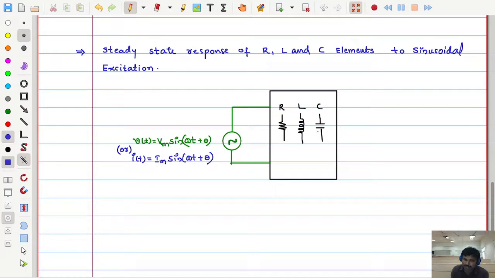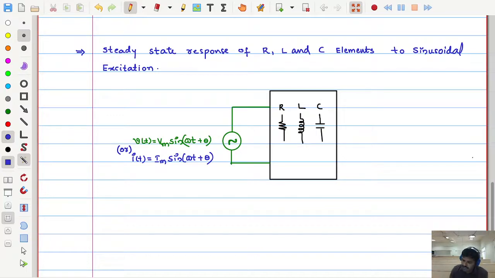Similarly, for the capacitor. Once we see resistor, inductor, capacitor behavior individually, then we can take up the resistance and inductance combination, resistance and capacitance combination, and we can make all the combinations like resistance, inductance and capacitance. So if we know individual behavior, it is easy to study the combination behavior.